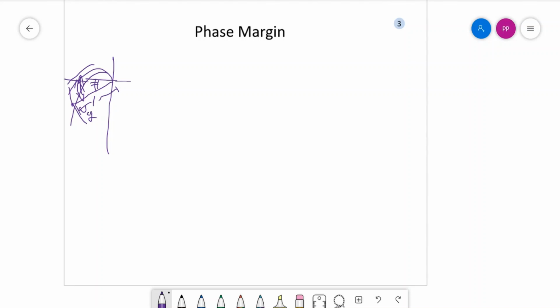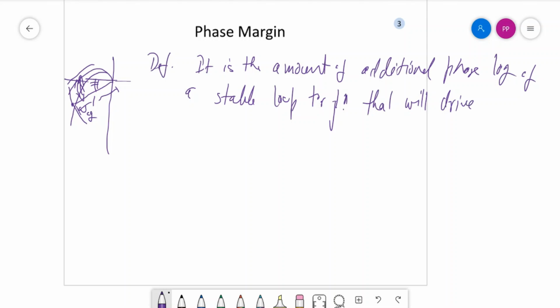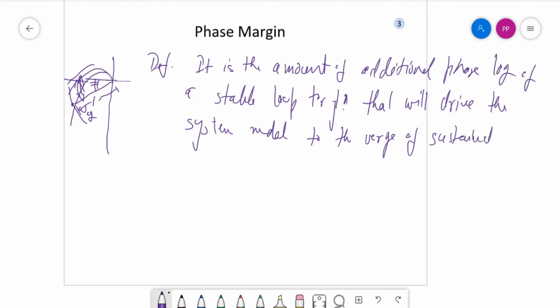So I can define phase margin as the amount of additional phase lag of a stable loop transfer function that will drive the system model, I mean the transfer function, to the verge of sustained oscillation or instability.